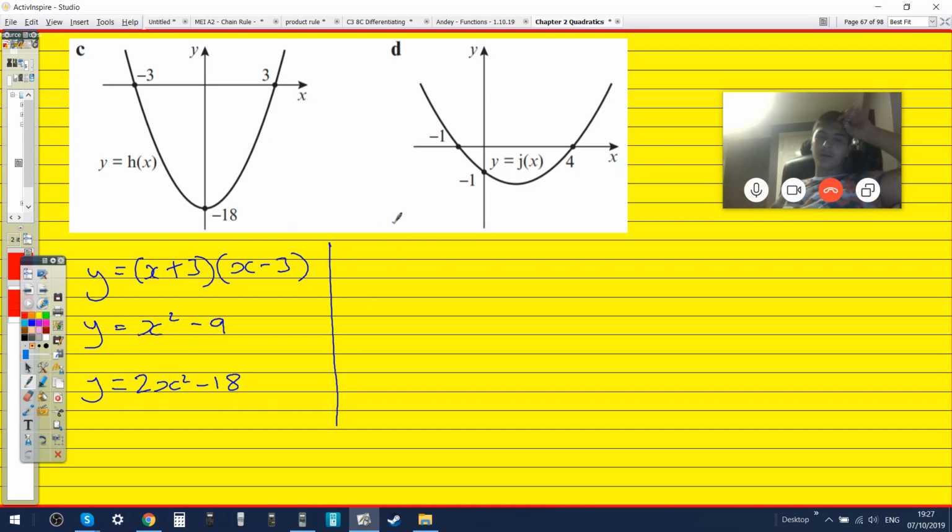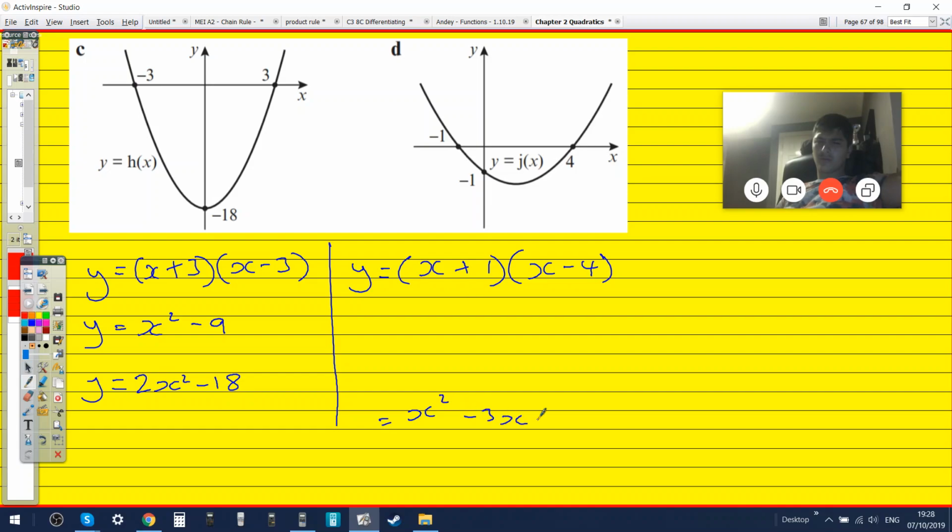So y equals x plus 1, x minus 4, and now that gives y equals x squared minus 3x minus 4.